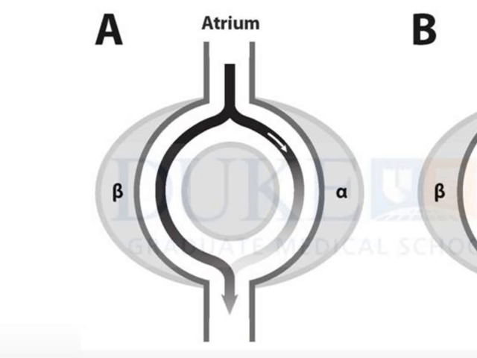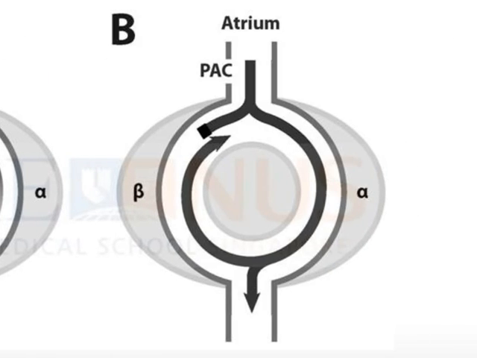A re-entrant circuit is precipitated by a premature atrial complex, which is an atrial conduction that comes earlier than usual. This finds the slow recovery beta tract refractory from the previous beat, as represented in diagram B by a black rectangle. Thus, the signal is conducted down the slow conducting alpha tract.